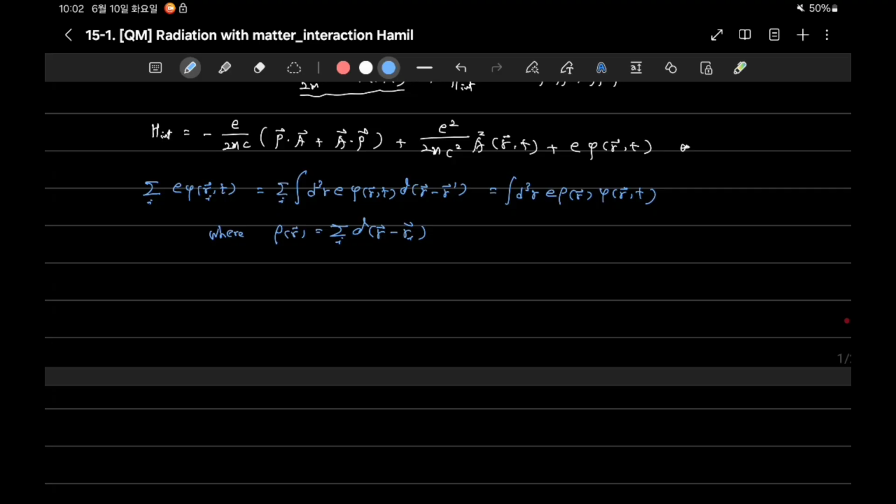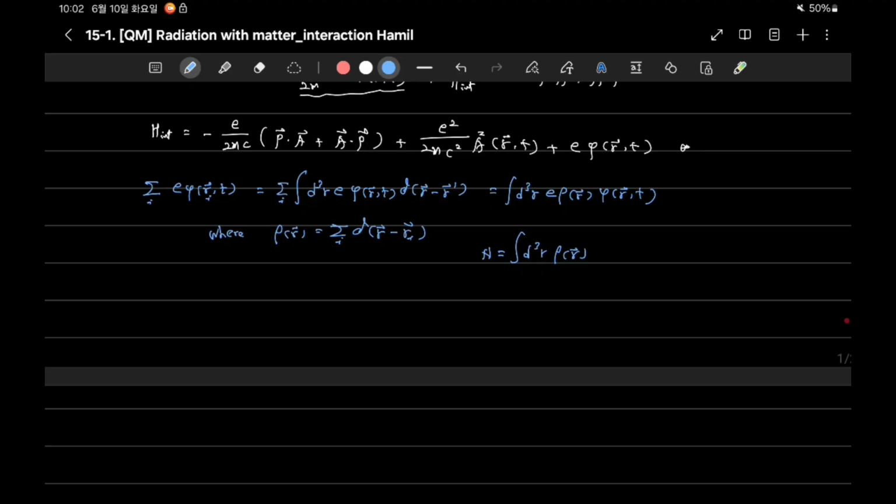And in this case, the total number of particles is the volume integration of rho. That is the total number of particles, and here we call it the density of particles.